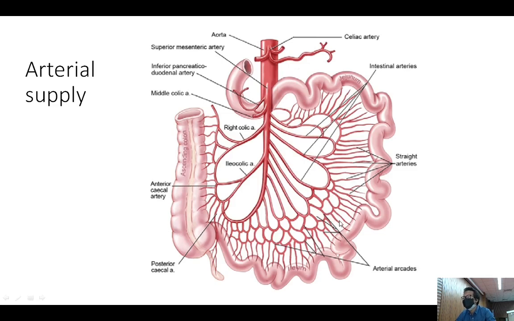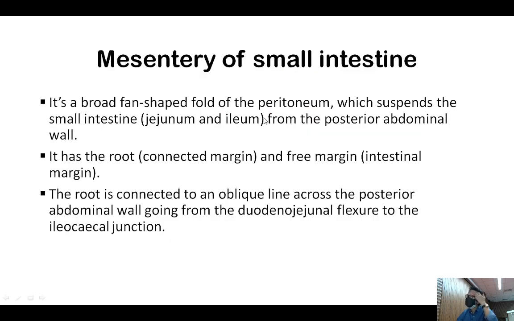At the end of the arterial arcades, you have long, thin, parallel blood vessels going to the jejunum and ileum. These are known as the straight arteries. This is the blood supply of the jejunum and ileum, and the duodenum we have already spoken about. Okay, now I was saying that I'll try to explain to you the mesentery of the small intestine.